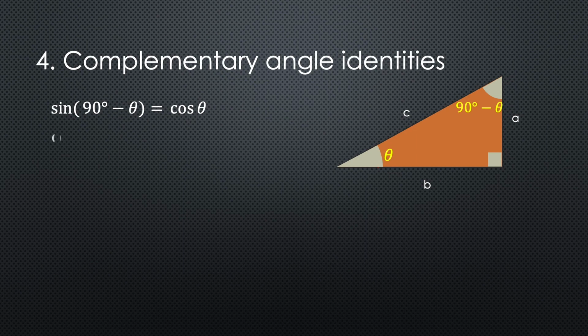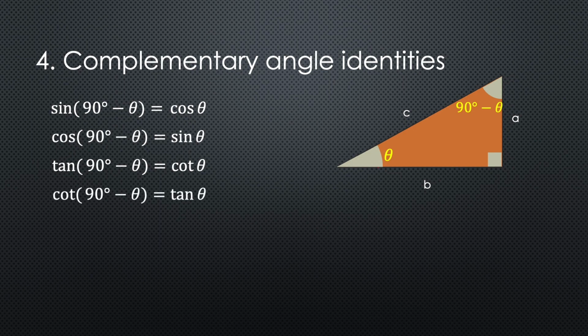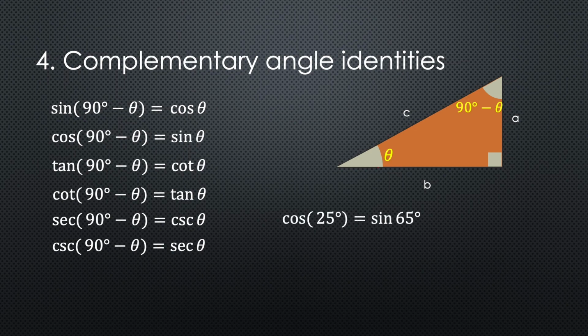We can also easily prove that cosine of 90 degrees minus theta equals sine of theta. Tan of 90 degrees minus theta equals cotan of theta. Cotan of 90 degrees minus theta equals tan of theta. Secant of 90 degrees minus theta equals cosecant of theta. And cosecant of 90 degrees minus theta equals secant of theta.